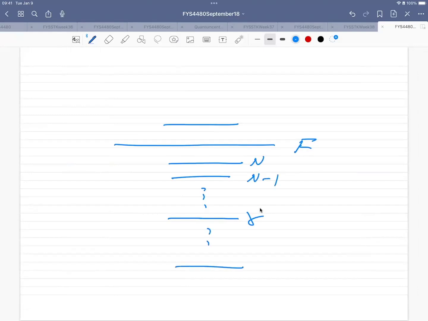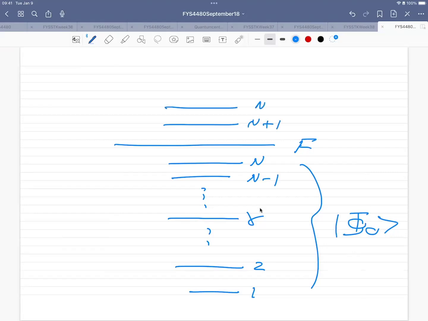And then we go down, state 2 and state 1. So this is our ansatz for the reference state or the ground state of the system. And then we have an n plus 1. We continue here on n plus 2. Infinity for us is actually given by a number n. And somewhere in here, we have this guy delta. So all the states are actually filled up.